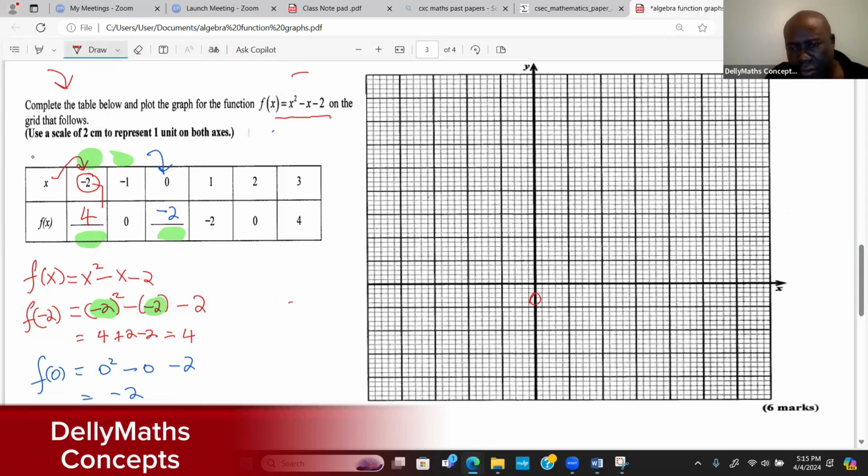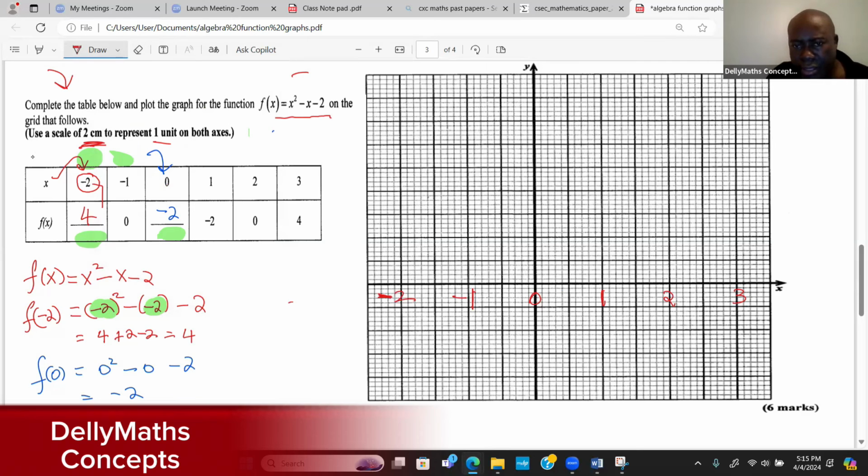This is 0, then 1, because they did say 2 centimeters to represent 1. So 1 of this is a centimeter. So for every 2, we're just going to put 1. So we have 1, then 2, then 3, then we have -1 here, and then this is -2 here.